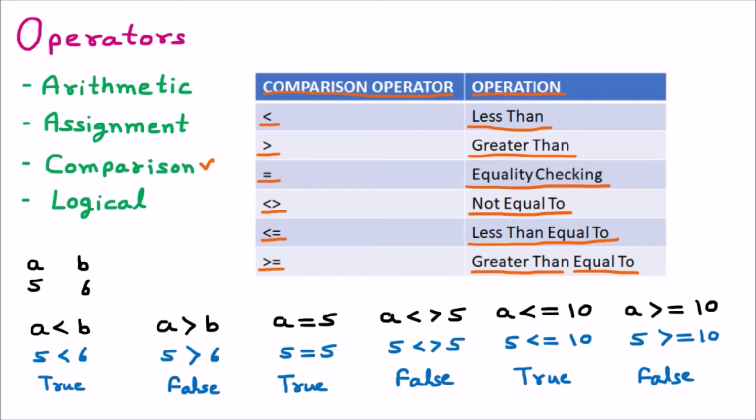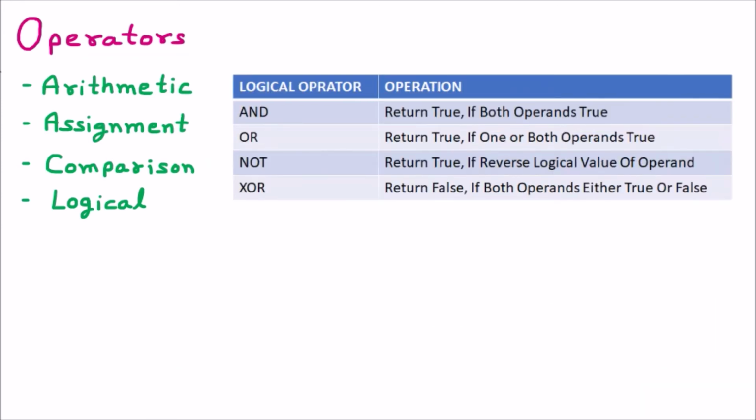Now we are discussing the next type of operator, which is the logical operator. There is a table given where we have the logical operators and their operation. First of all we have the AND operator. It returns true if both operands are true.